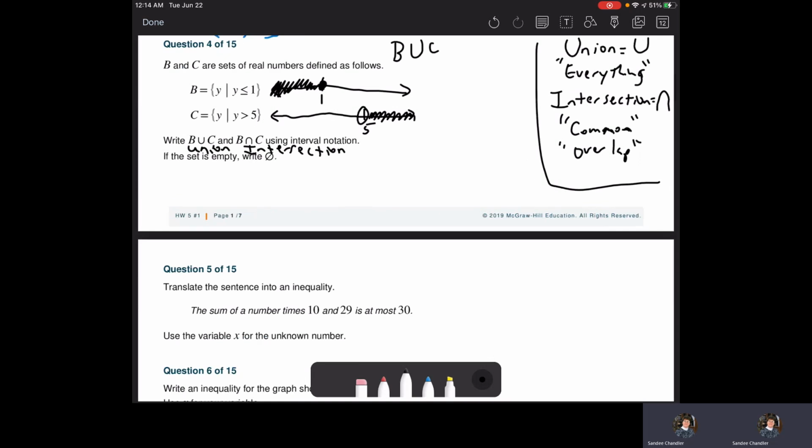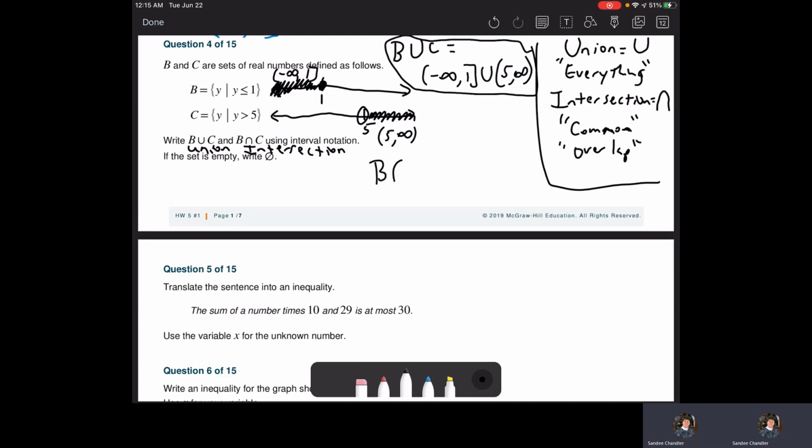You've got the top graph, which is negative infinity to 1, and the bottom graph, which is 5 to infinity. So you're unioning B and C together. When you put them together, you have negative infinity to 1 union 5 to infinity. So that is our union.